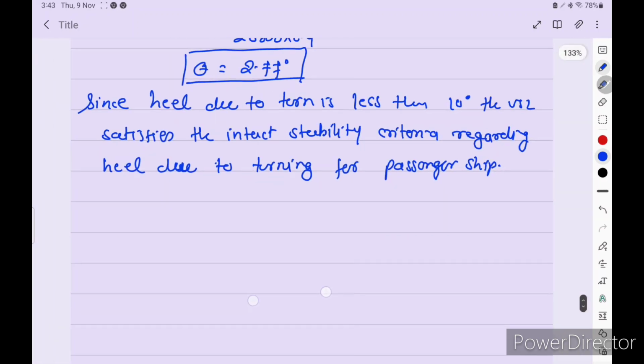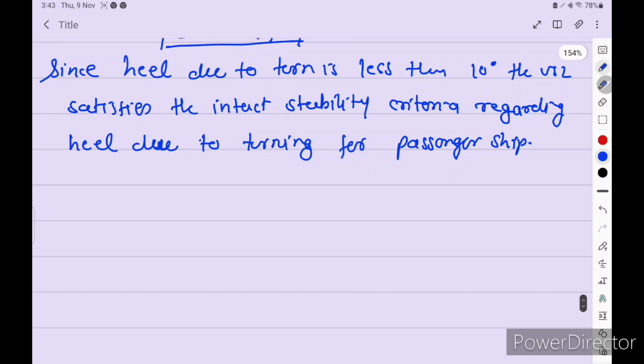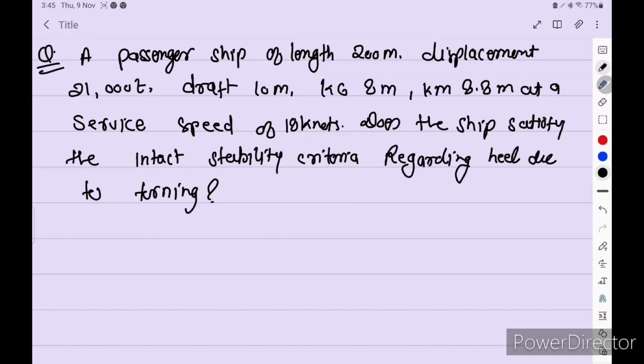Okay, let's move to one more question, then I will give you some homework, past MMD papers, so you can solve and you can send me your answers in the comment box, so we'll verify. So next question is, a passenger ship, length 200 meter, displacement 21,000 ton, draft 10 meters, KG is 8 meters, KM 8.8.